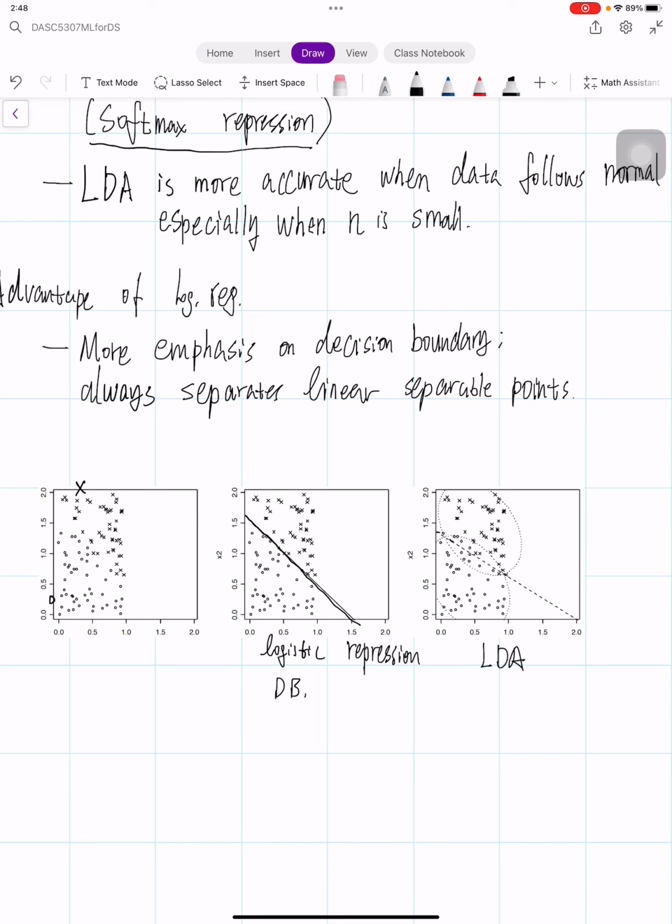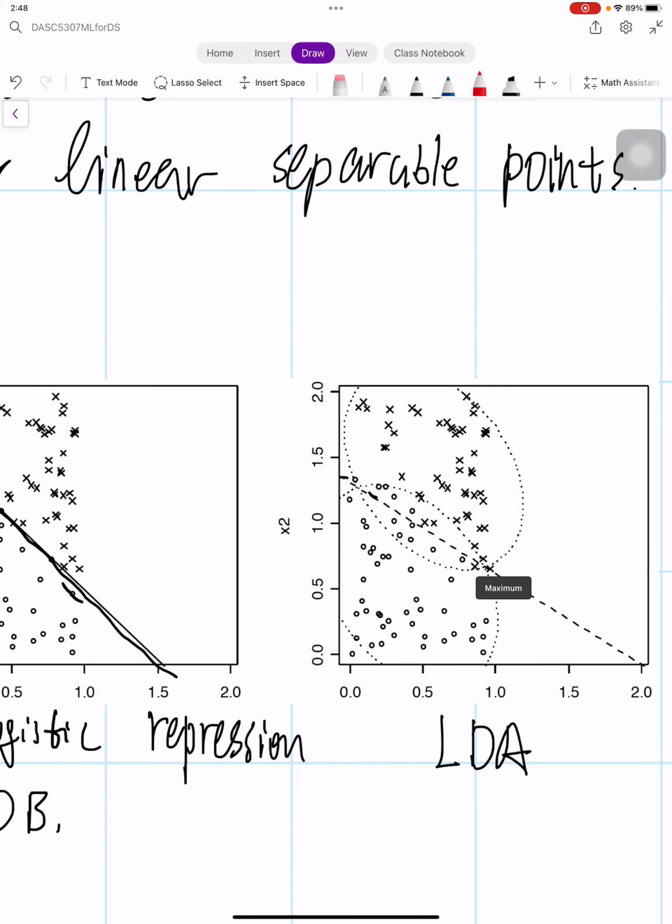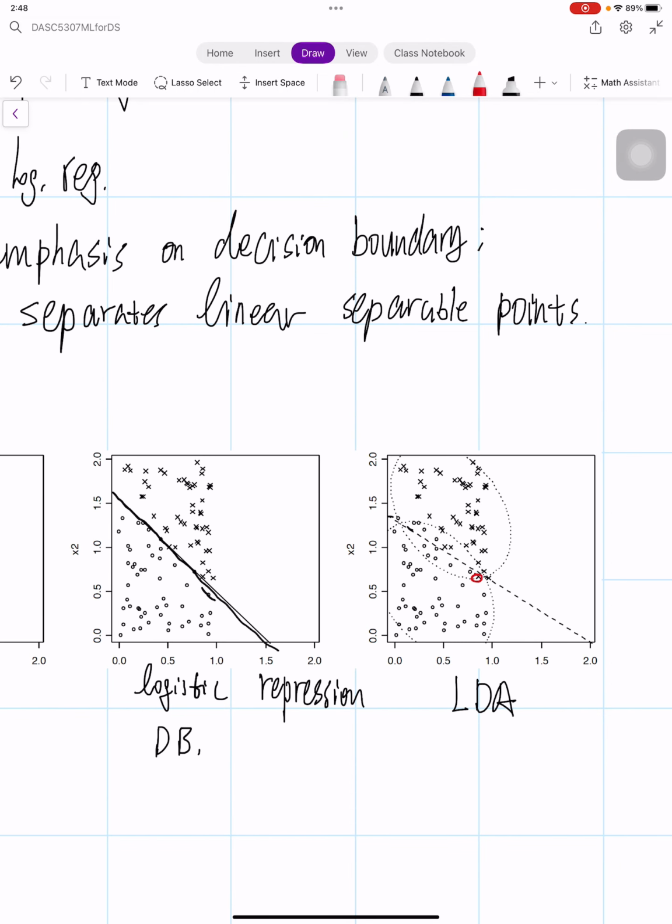Logistic regression gives more emphasis to the boundary points, so it tries its best not to cross the decision boundary. But for the LDA, you can see there are a few points, for example, this point crosses the boundary, and there are some circles that cross the boundary too.